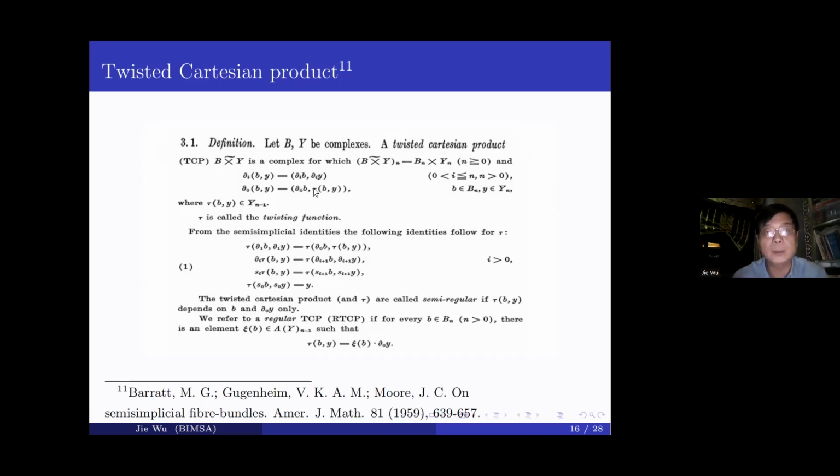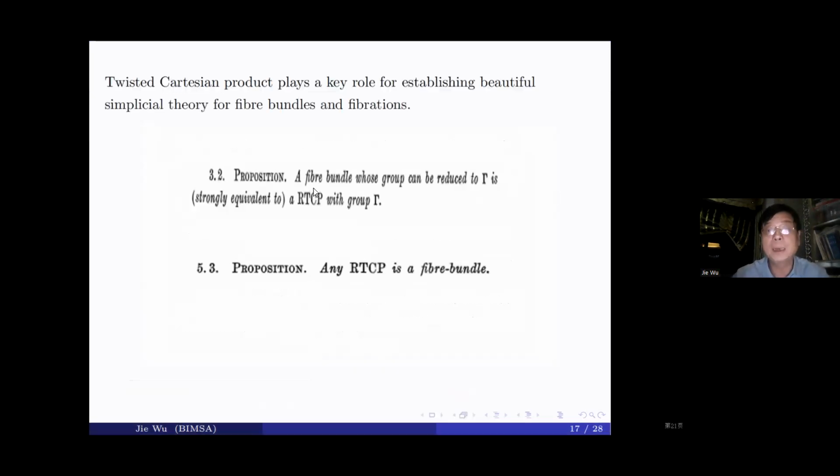So here I show you a bit. I just picked up a statement here. Any fiber bundle with a group structure is equivalent to a so-called restricted or regular twisted Cartesian product with a group G. So any fiber bundle can be reduced to a twisted Cartesian product, and conversely, a regular twisted Cartesian product gives a fiber bundle.